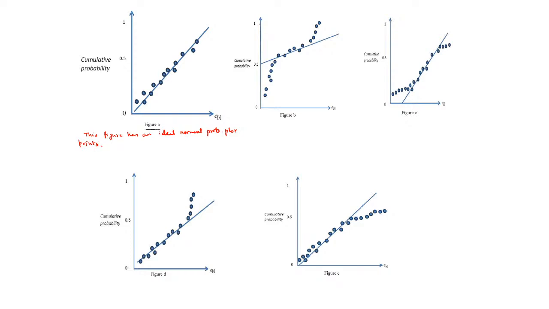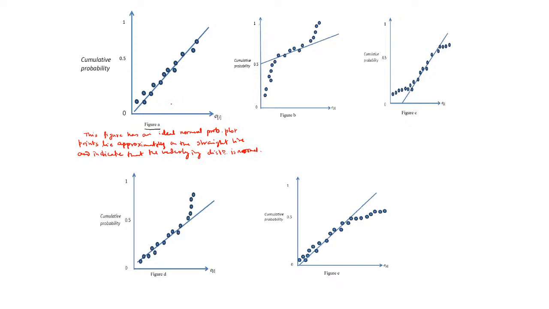The points lie approximately on this reference straight line and indicate that the underlying distribution is normal.